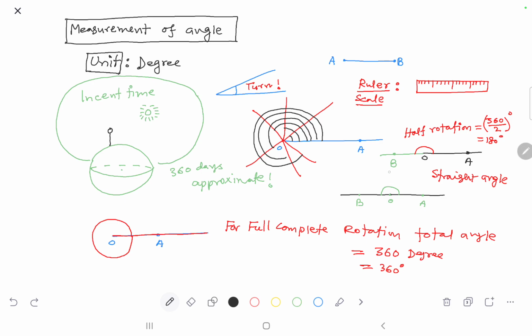Now if we take a point C and bisect it, then the angle we get here will be half of the straight angle. So this is 90 degrees. That way the 90 degree angle was developed.